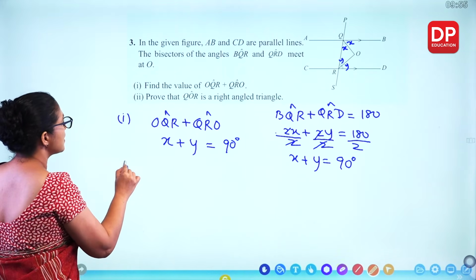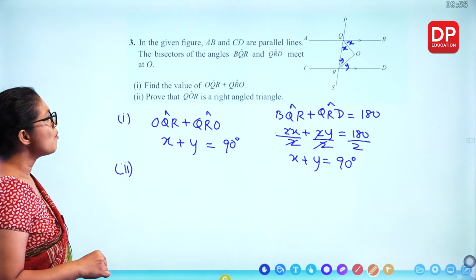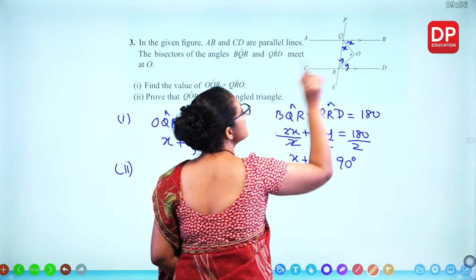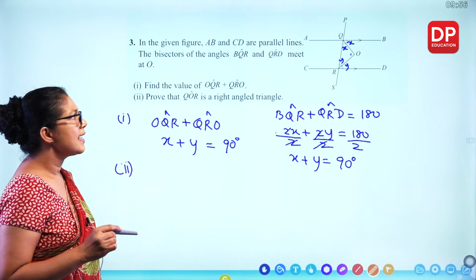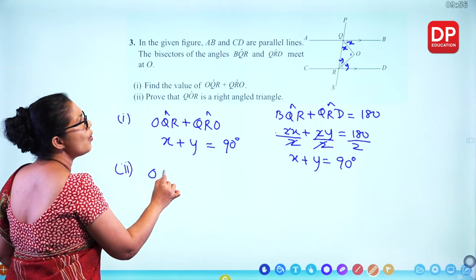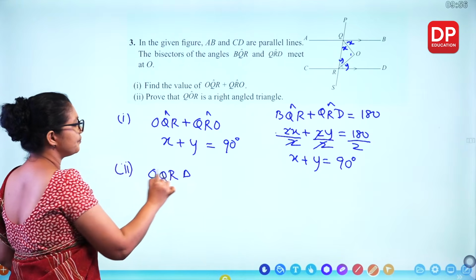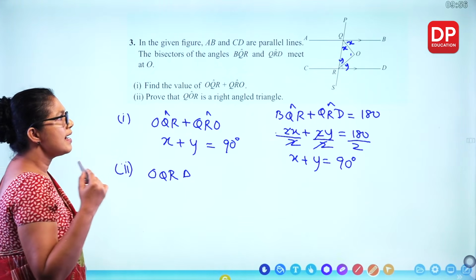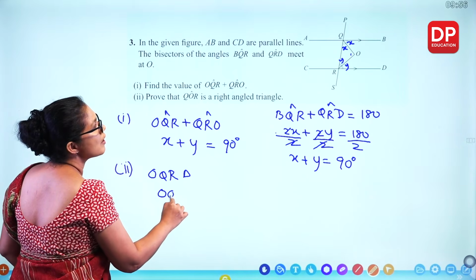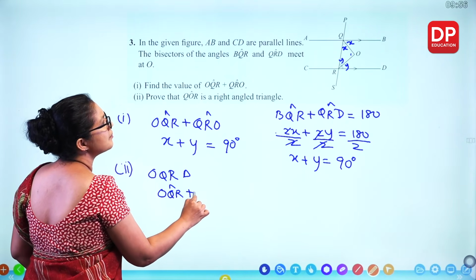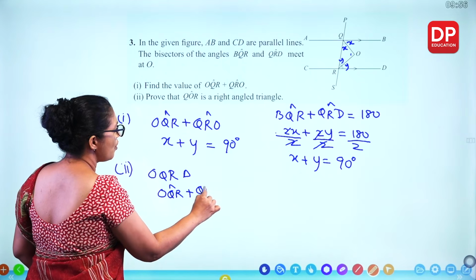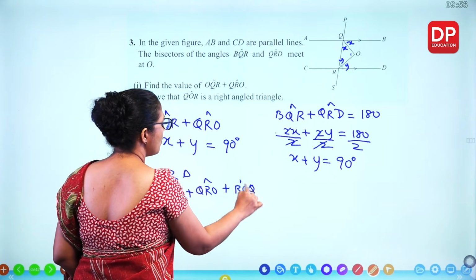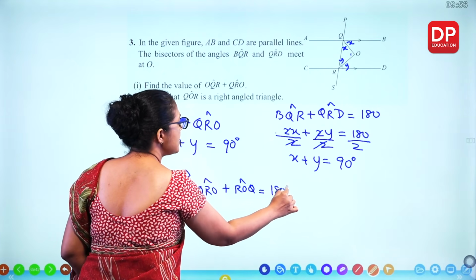Now the second part asks, prove that QOR is a right angle. Now we'll take the small triangle OQR. What's the sum of angles in a triangle? That's 180. So I can write OQR plus QRO plus ROQ adds up to 180.